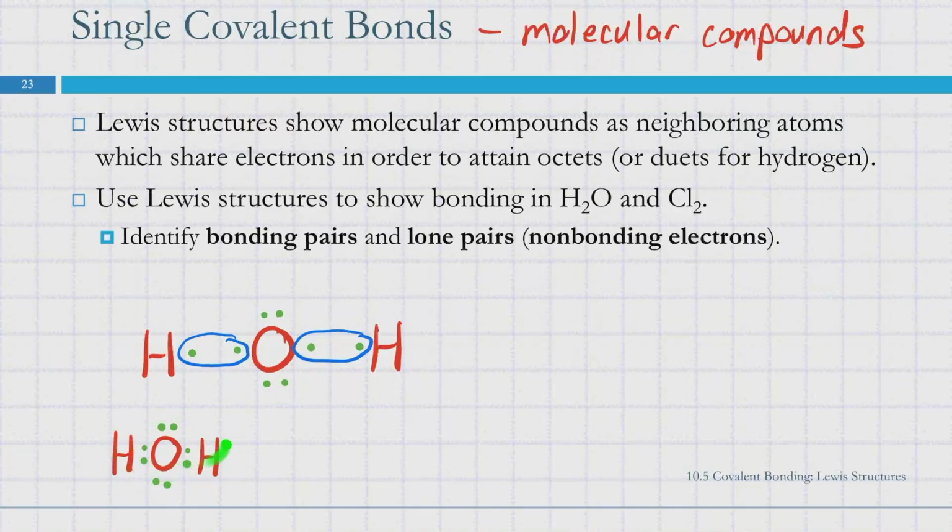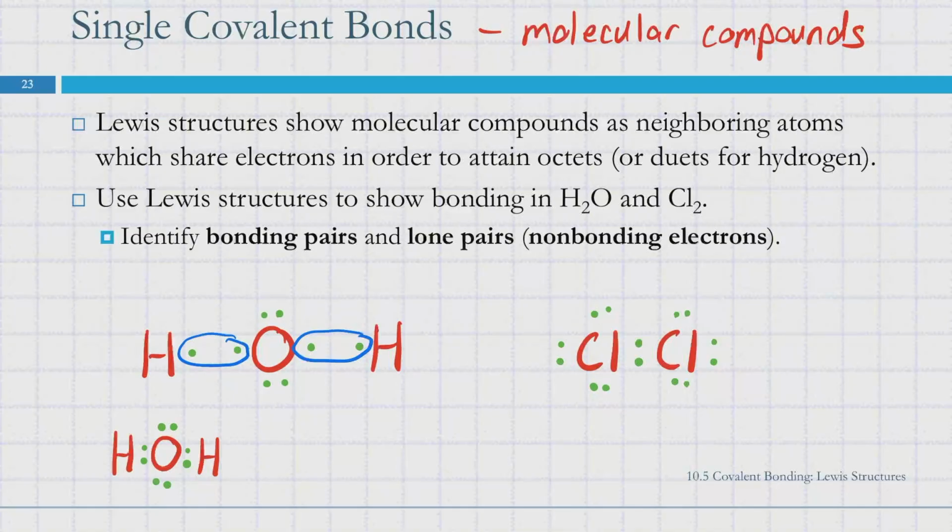This would be our Lewis structure for H2O, water. For chlorine, it's a similar thing. They're going to share one pair of electrons. They have 7 valence electrons. If they share one, they get their full octets. We'll go through the steps for writing these out.